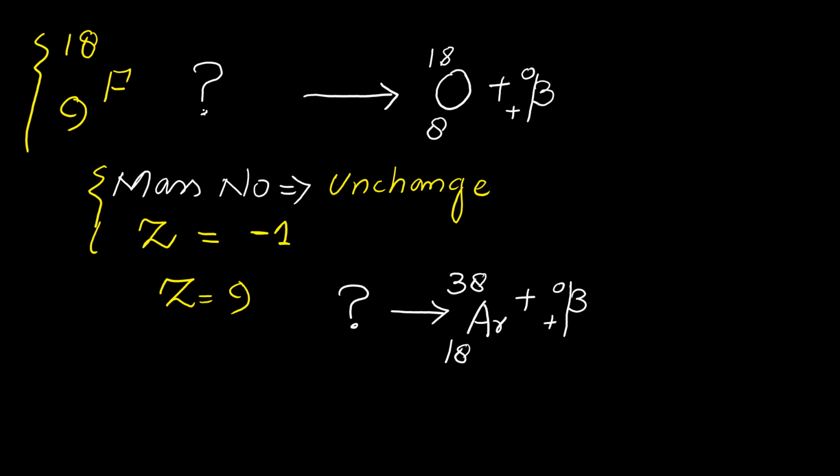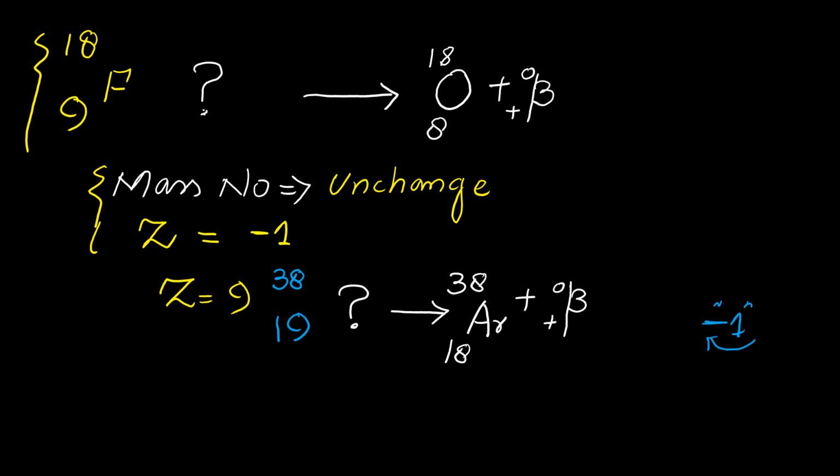So basically, dear student, as you know that mass number in positron decay remains unchanged, so the mass number for the parent atom will be 38. However, the atomic number for the daughter element changed by 1. So this means that the parent element has its atomic number 1 more, and so the atomic number of the parent atom will be 19.